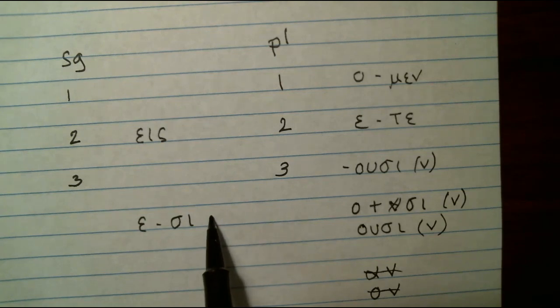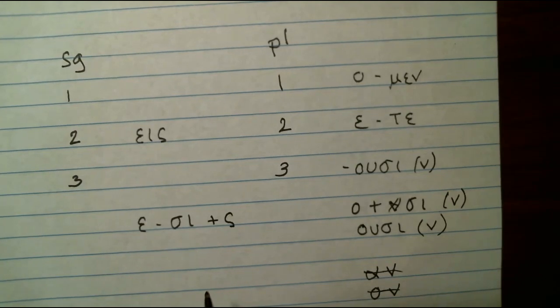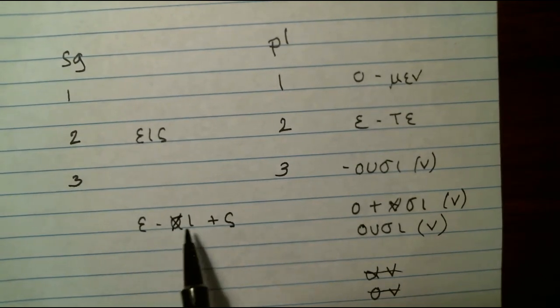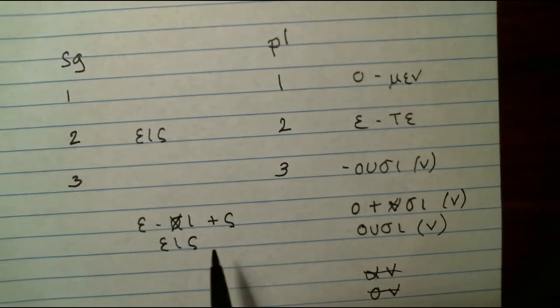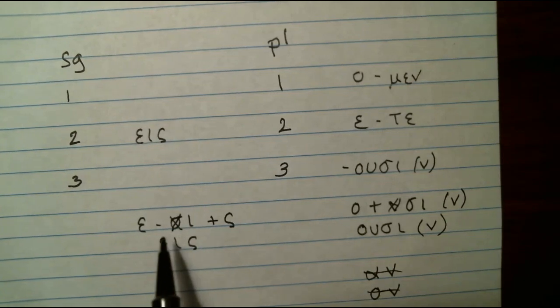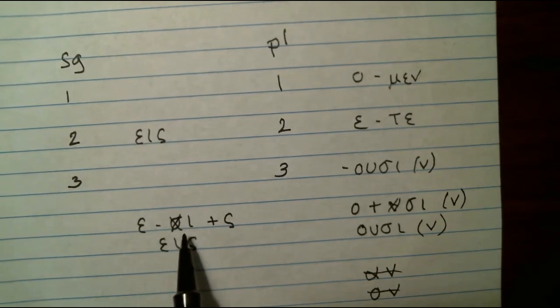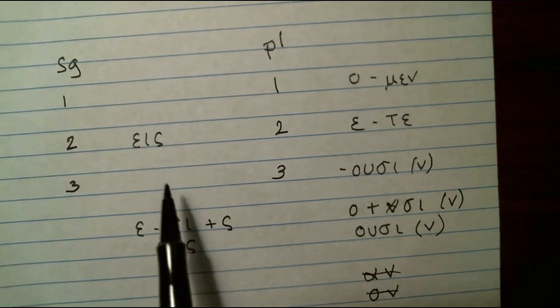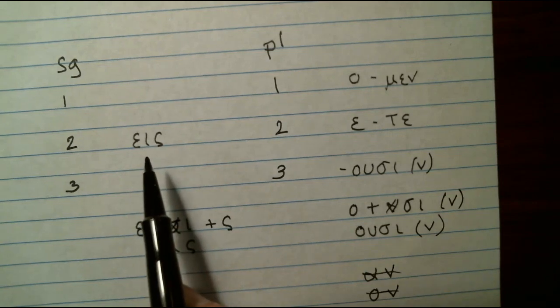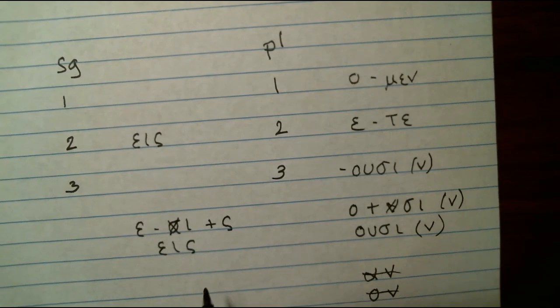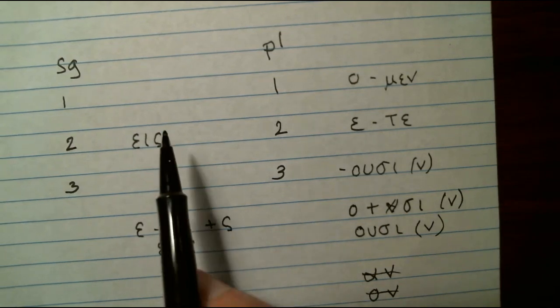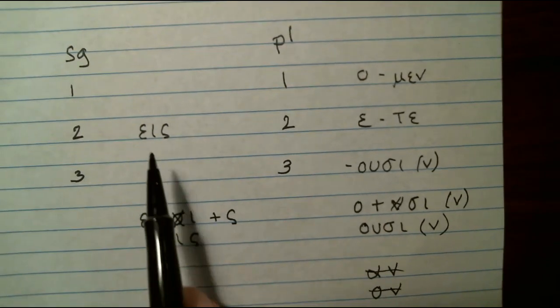And then you are adding a sigma. So what happens is this sigma drops out, and then you have the epsilon and iota come together, and then you add that sigma. And that's how you get from epsilon sigma to -eis. Okay, so again, not crucial to know. You just need to know -eis, but that's where it comes from.